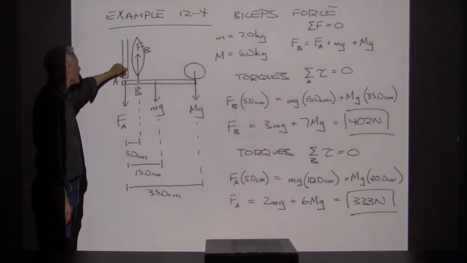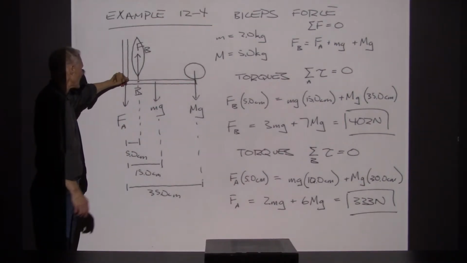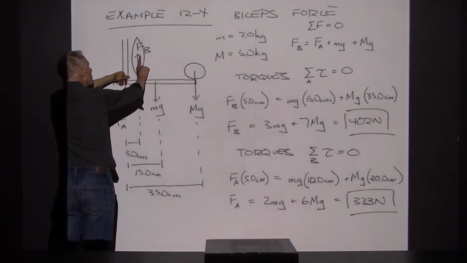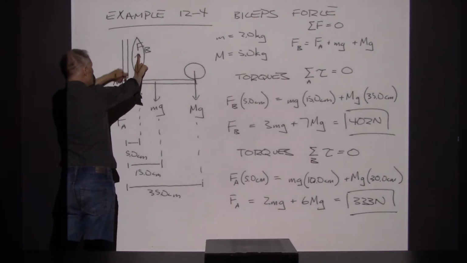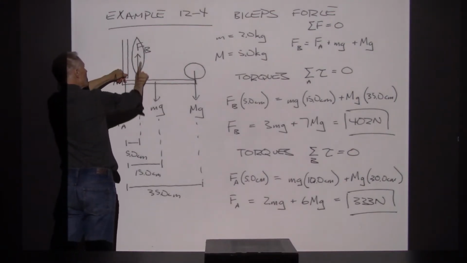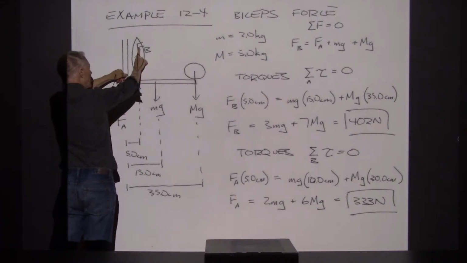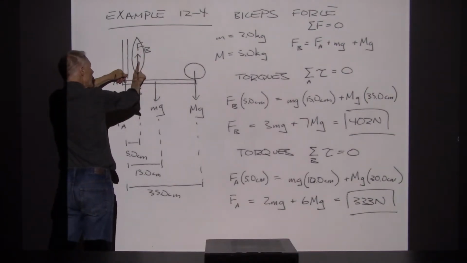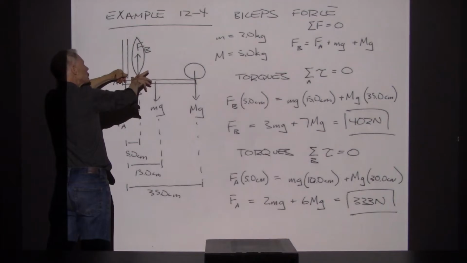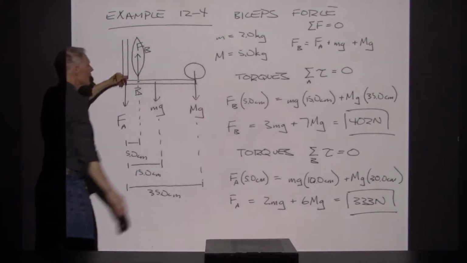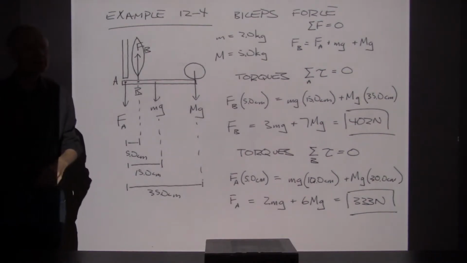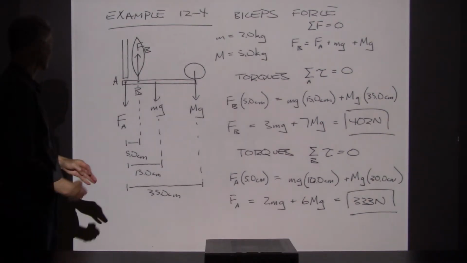The bone here is going to have to push the arm down while the muscle lifts the forearm up. So these two together, the humerus pushing down on the ulna, and the bicep lifting up on that arm, have got to provide enough torque to offset the torques from these gravitational effects. That's the idea. That's how we're going to stabilize this.